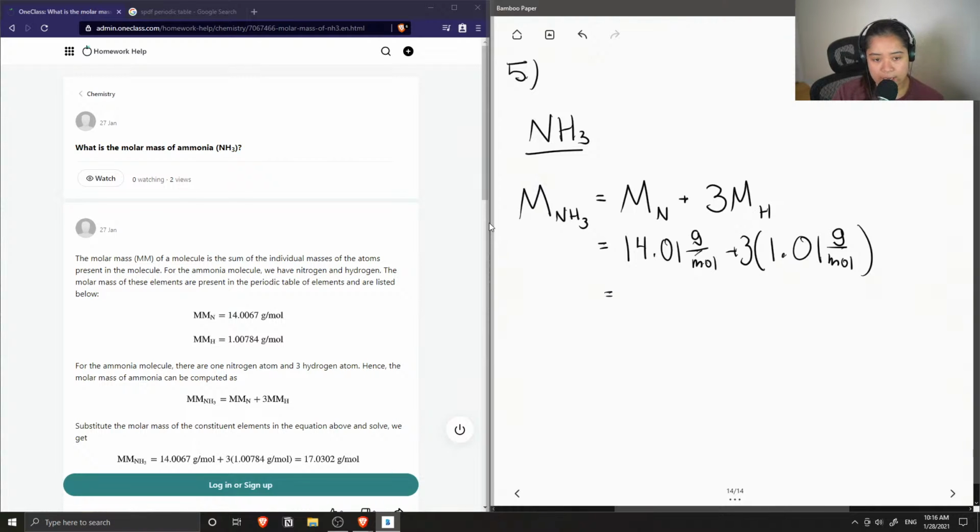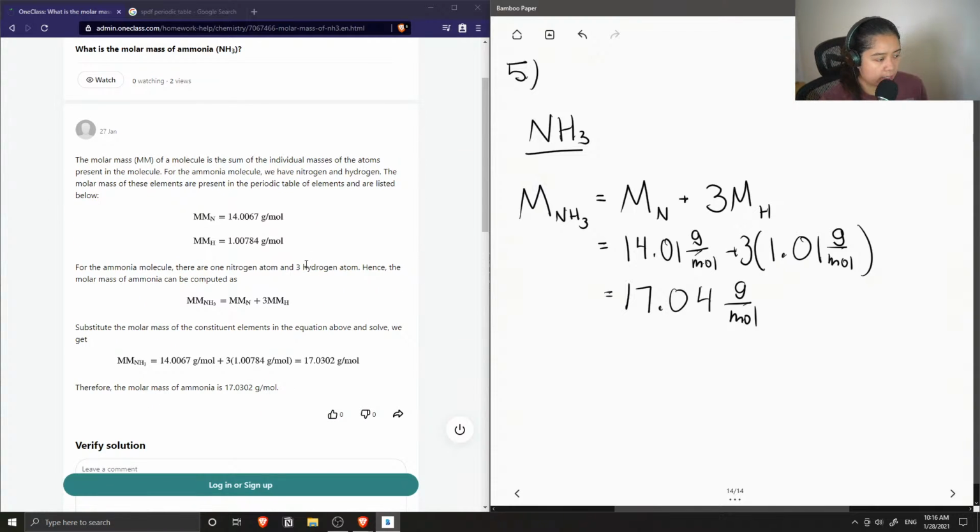Okay, so if we add these values up, we get around 17.04 grams per mole for the molar mass of ammonia. So these values, the 14.01 and 1.01, so the atomic masses of these atoms, can just be found on your periodic table.